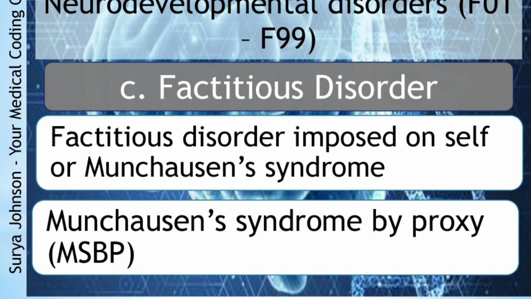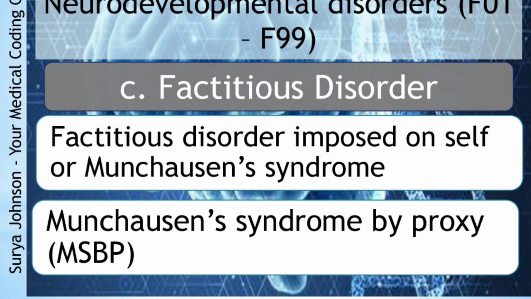So for that patient who is having this kind of false reports made about them, how will we code? You will be coding T74, adult and child abuse, neglect and other maltreatment confirmed, or T76, adult and child abuse, neglect and other maltreatment suspected.